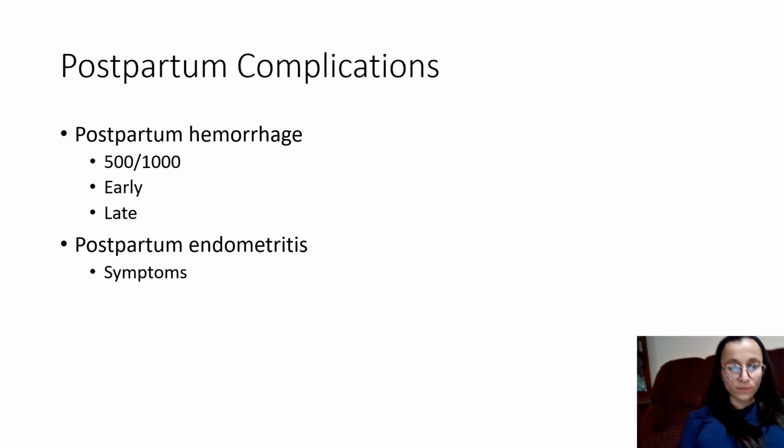If it occurs in the first 24 hours, it's usually caused by a boggy uterus, uterine atony. Like I said before, we do the fundal massage, we help them pee, etc. If it occurs after 24 hours of birth, then it's usually caused by retained placental fragments, and you need to do a D&C to remove it.